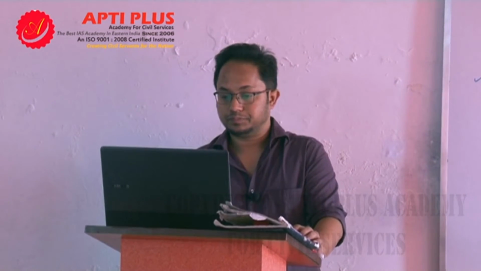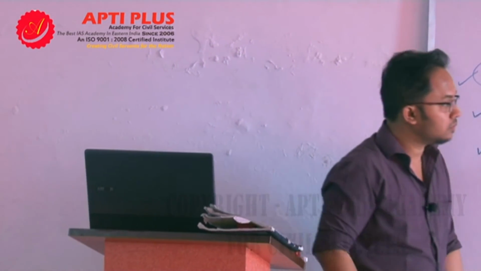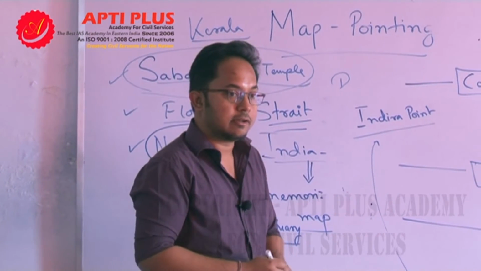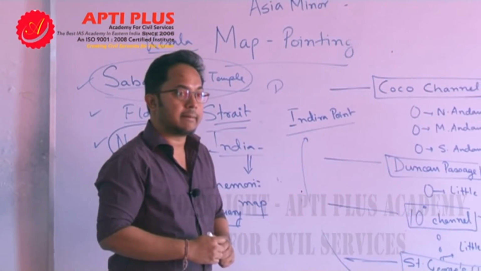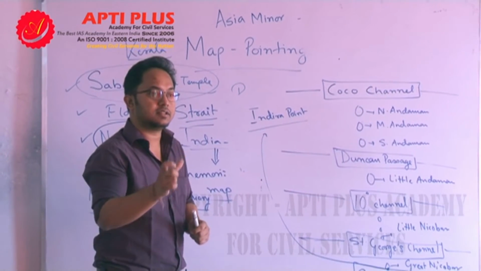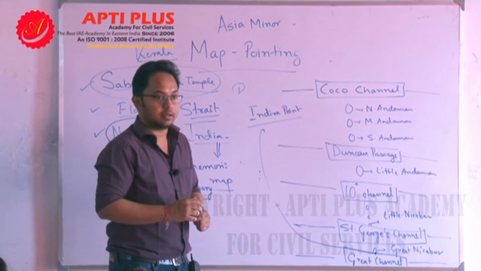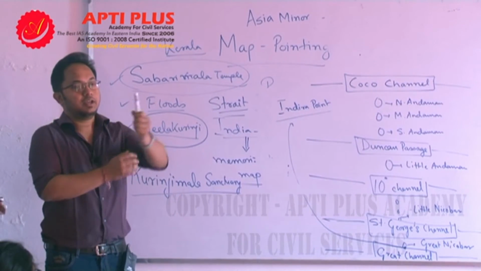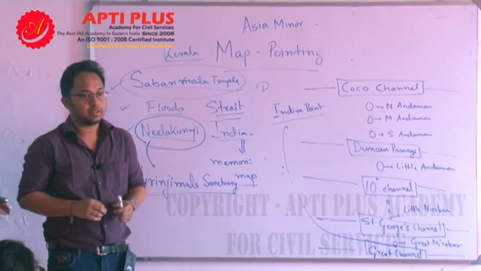Great Andaman is a tribe over there. Do we have a particular term as a Great Andaman? I'm not exactly sure. The Great Andamanese, they are a tribe that we found.